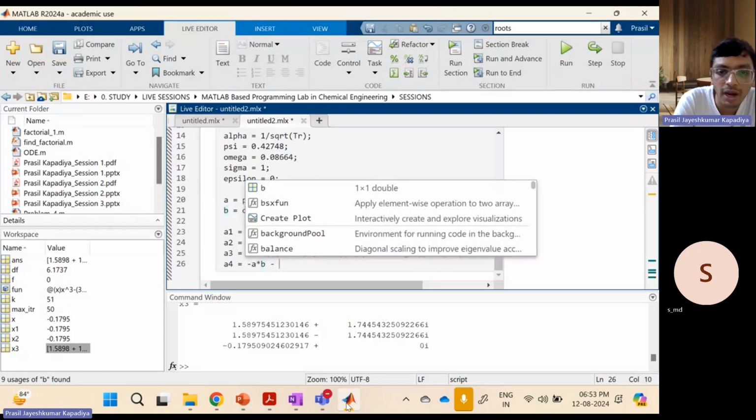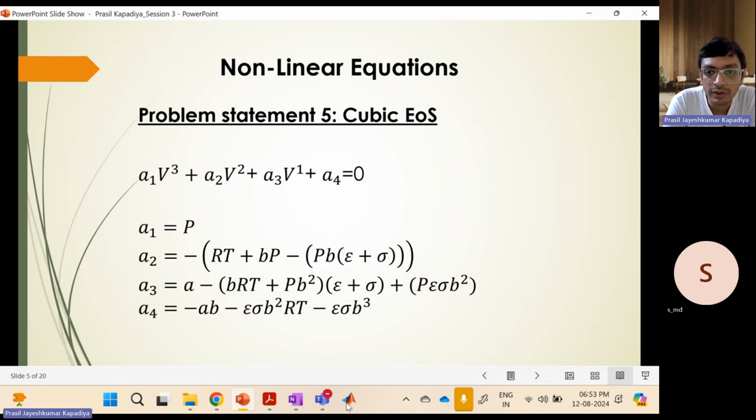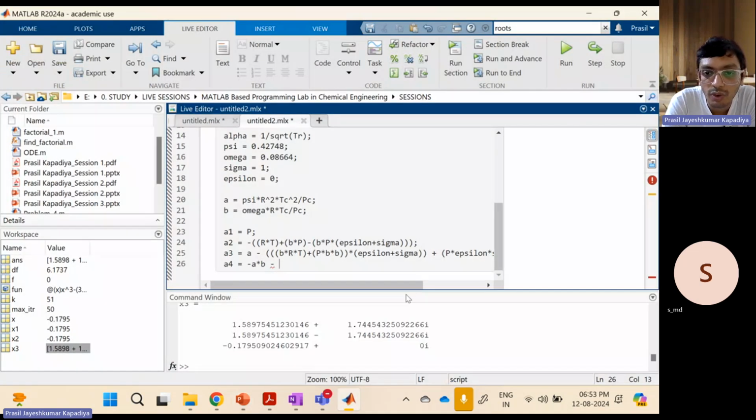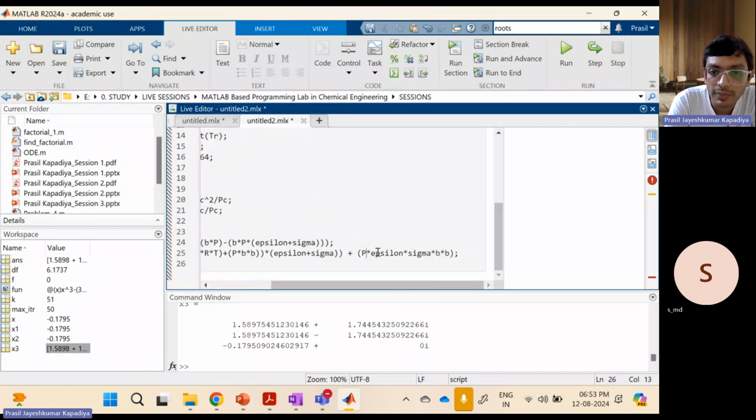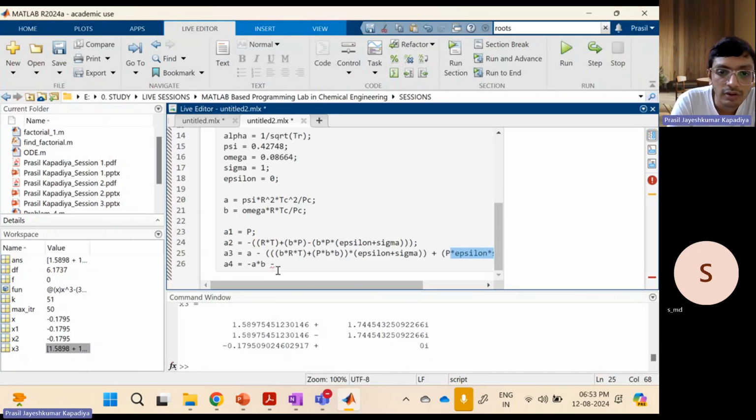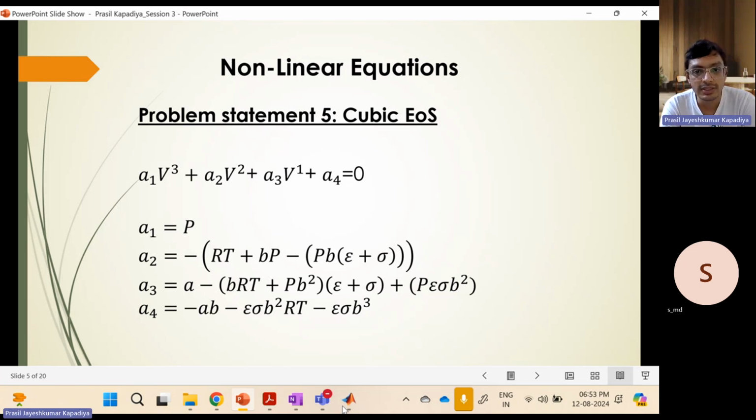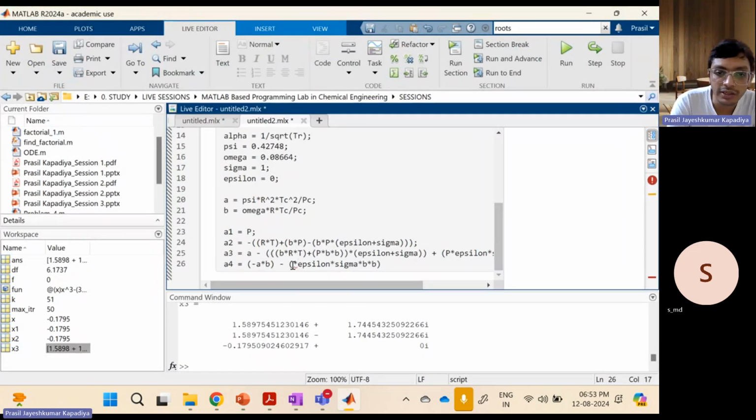Minus A B minus epsilon sigma B square R T. I will just copy this term epsilon sigma B square from here, into R into T. Then the last term is minus epsilon sigma B cube, minus epsilon sigma B square.